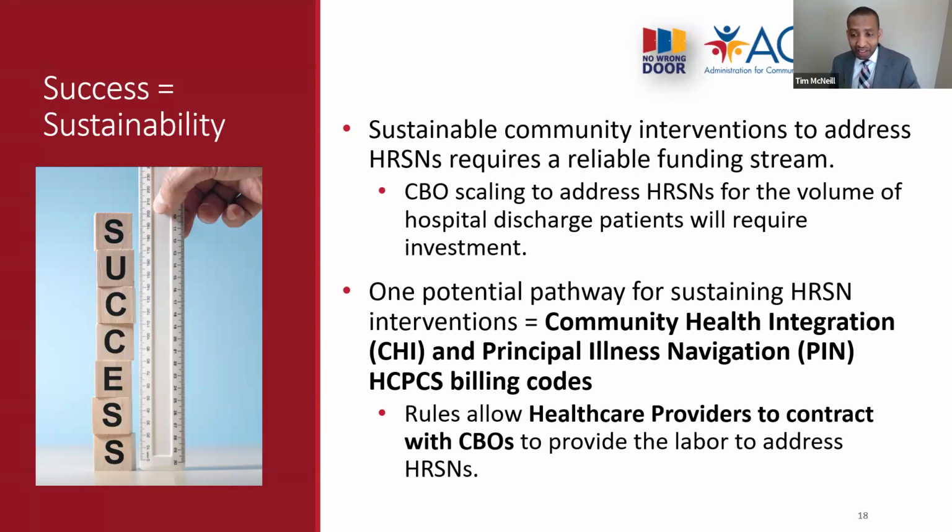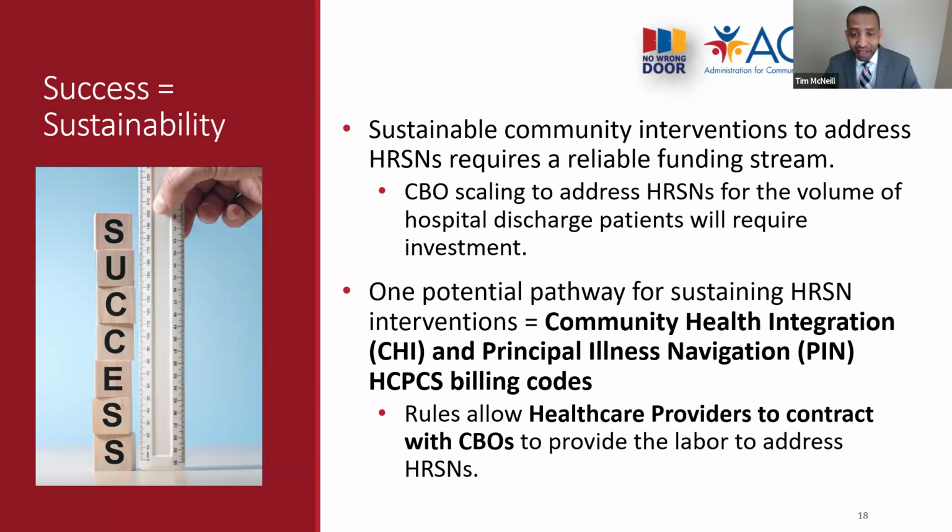So with this expansion of screening, with the magnitude of screening for the entire population of persons admitted over 18, and then documenting and reporting those that had a positive screen, this handoff to community also must encompass exactly how this can be sustained.